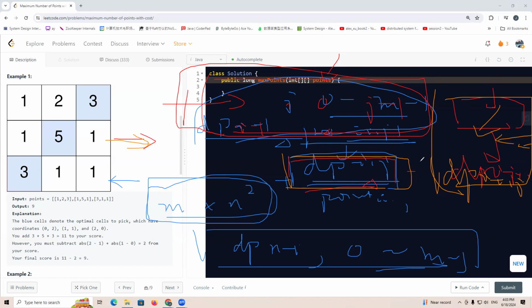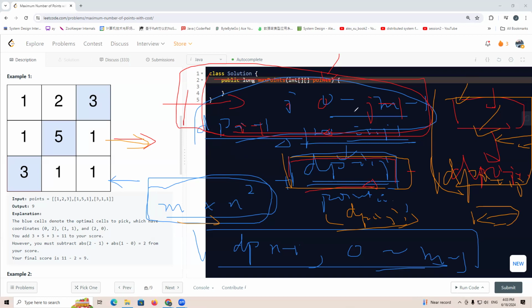If we can separate this question into two directions, then our dp[i][j] will be the max of the result from the left and also the max from the right. Because if we separate that into two directions, we can make things simpler.